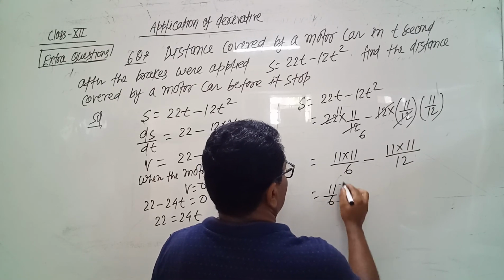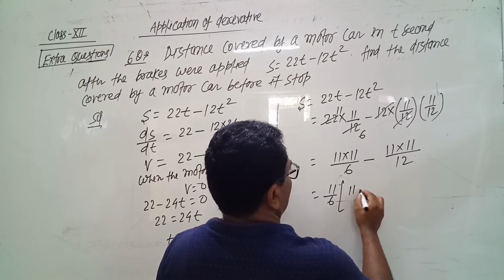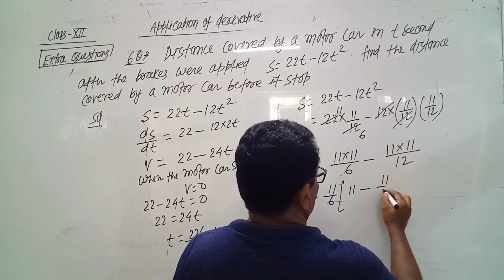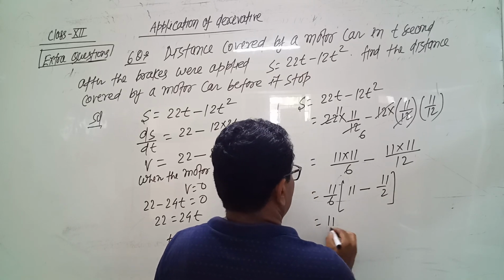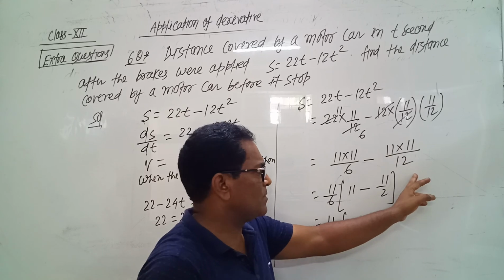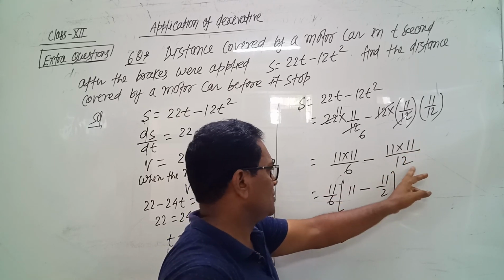Take 11 by 6 as common, so it remains 11 by 2.